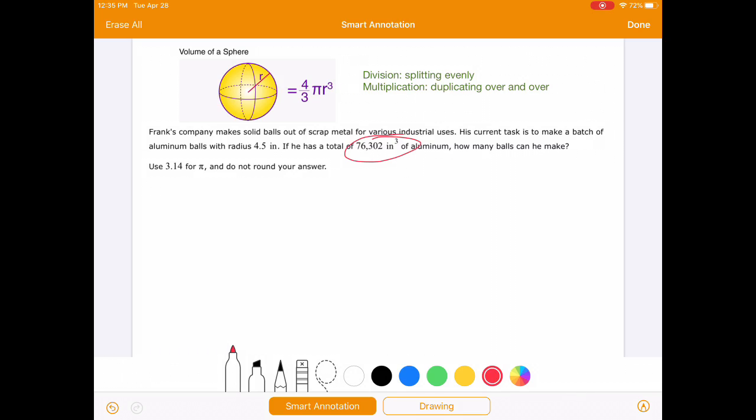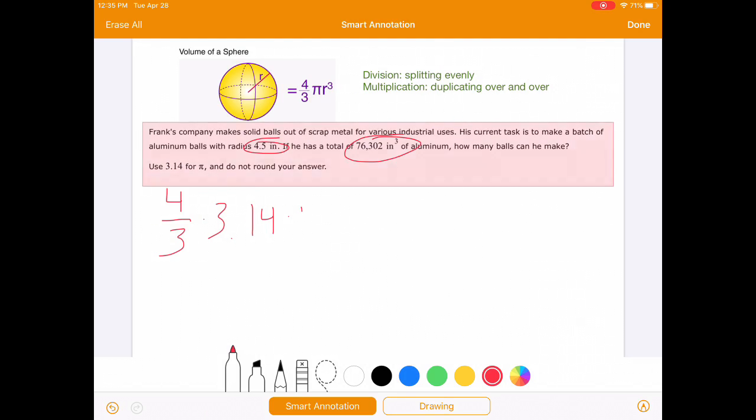So we have to find the volume of each individual sphere, and then divide that 76,302 by that volume. So we're going to use our sphere volume formula. And as usual, we need to put the radius in for r. So we have 4/3 times 3.14 for pi times 4.5 to the third power. And it says do not round our answer.